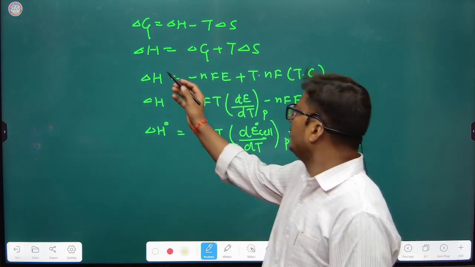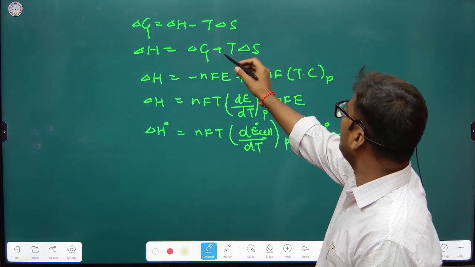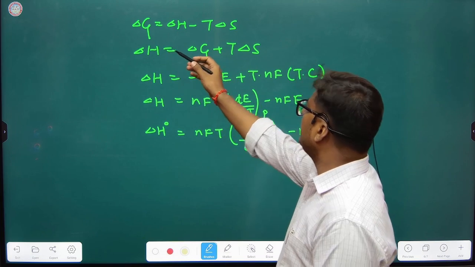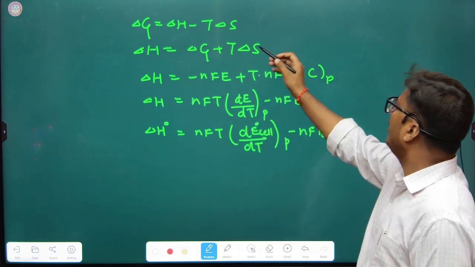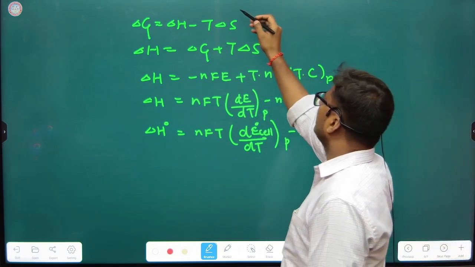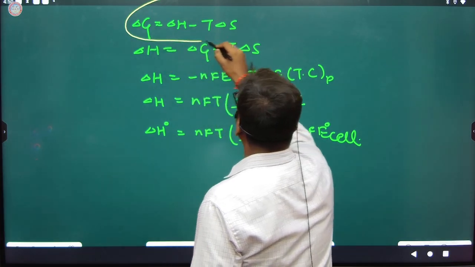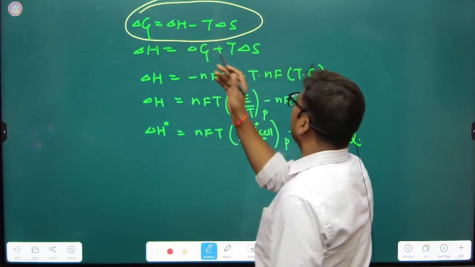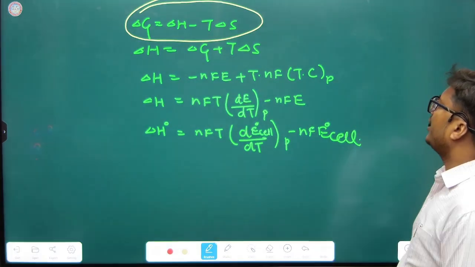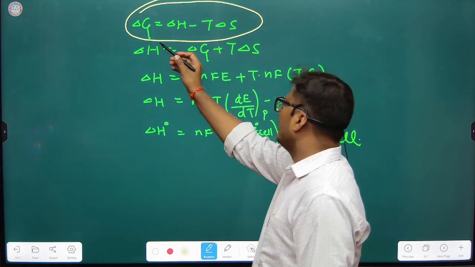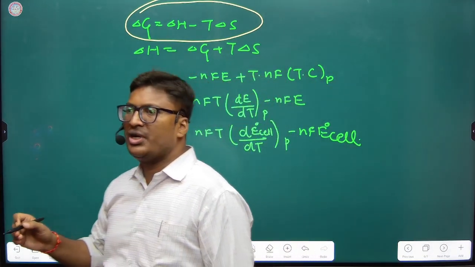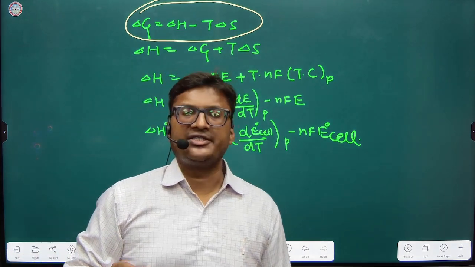Now, as you know, in thermodynamics the relation between change in Gibbs free energy, temperature and entropy looks like this: delta G is equal to delta H minus T delta S, where delta G is the change in Gibbs free energy of the system. Here the system is an electrochemical cell, that is, a galvanic cell, right?